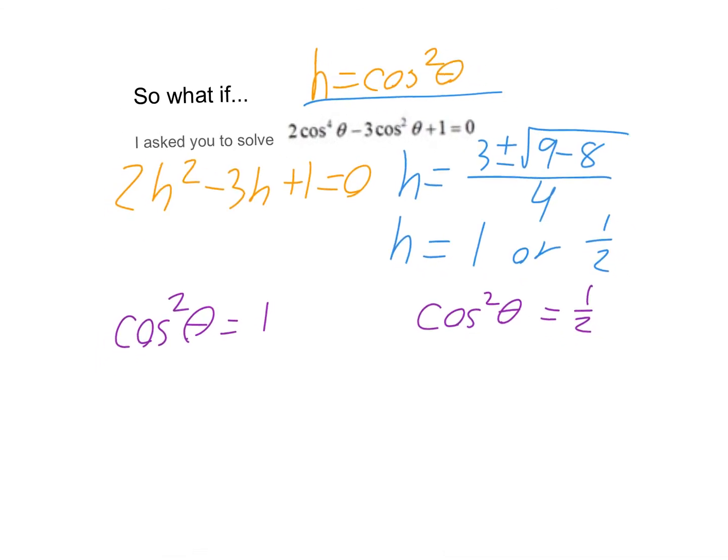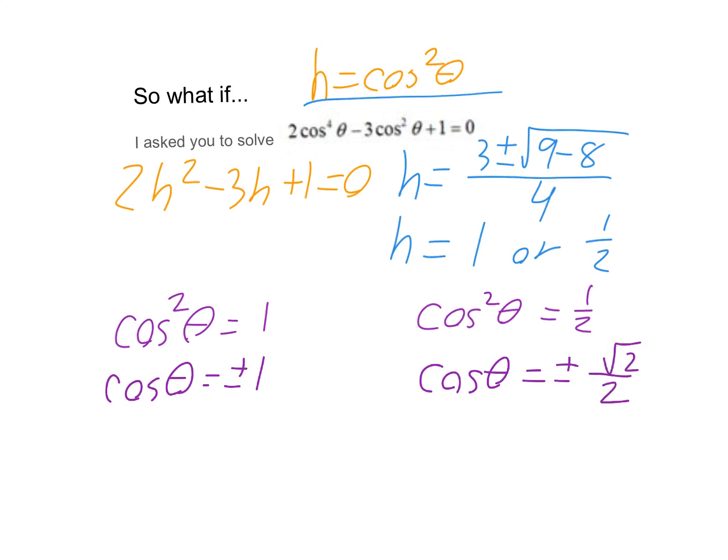Take the square root of both sides. Cosine of theta equals plus or minus 1, and cosine of theta equals plus or minus square root of 2 over 2.